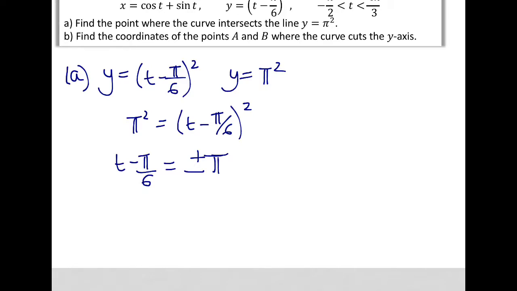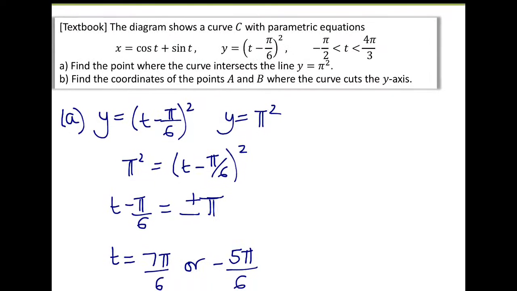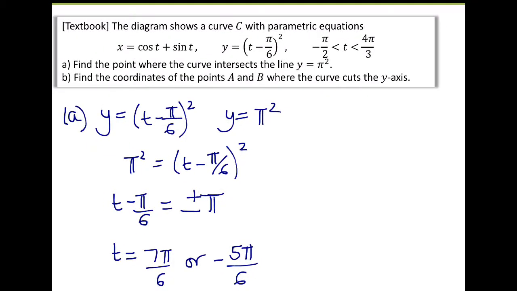So, having got that, we then can say, well, t equals, we're adding pi over 6 on, so it'd be 7 pi over 6, or negative 5 pi over 6. Great, done. Let's go back and check. Oh, hang on a moment. Don't think that is quite done.